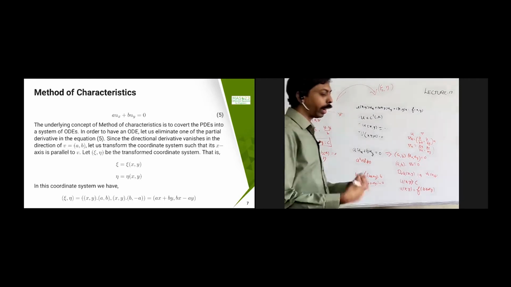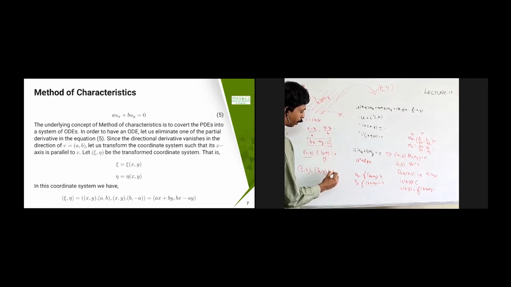If I want to take any other vector in that coordinate, I'm going to take a dot product. So for chi, eta, take a dot product with (a, b) and with (b, minus a).